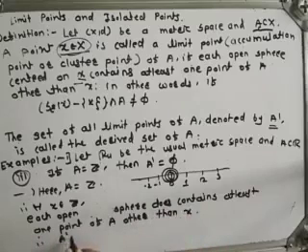Therefore, the limit point of A is equal to empty set. That is, the limit point of Z is equal to empty set.